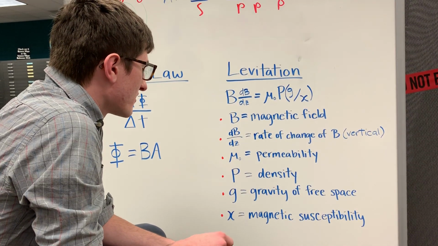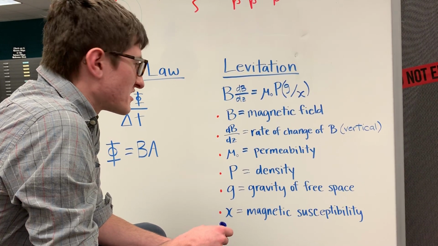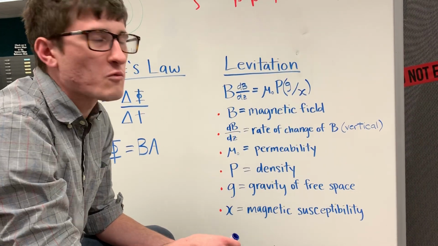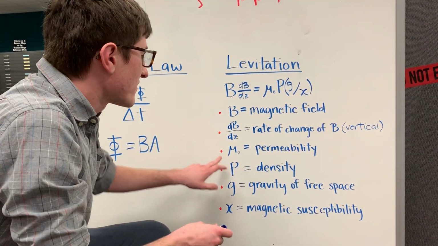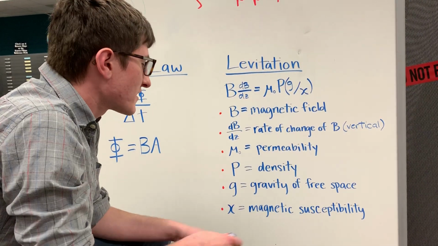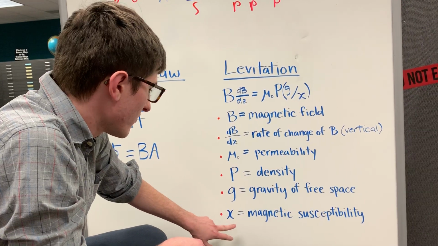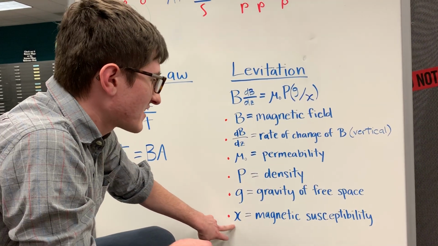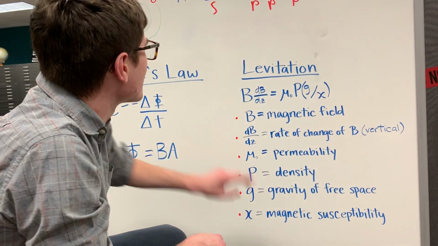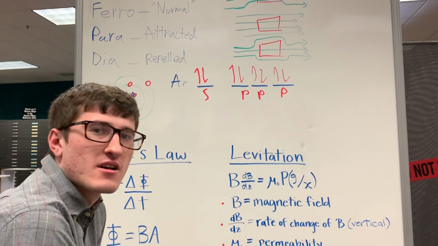That's how easily it's moved through air. If you did it in water, that would change, but that's the permeability. Density, ρ, of the object, and then that's multiplied by the gravity of free space over χ, which is magnetic susceptibility. Which, going back up here, relates to what element is used.